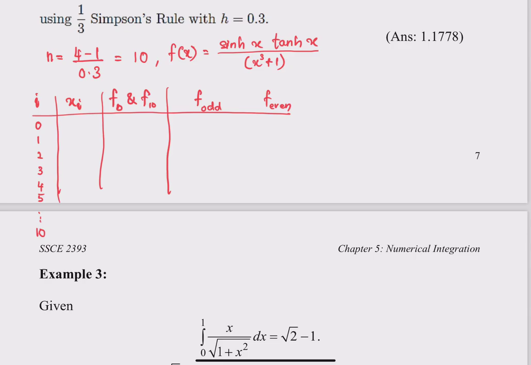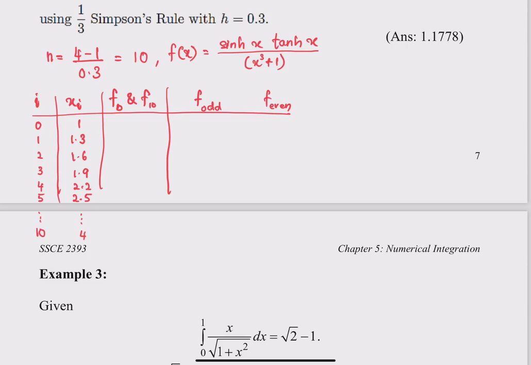Then your xi starts from 1, and your h is 0.3, so the next is 1.3, 1.6, 1.9, 2.2, 2.5, up to 4.